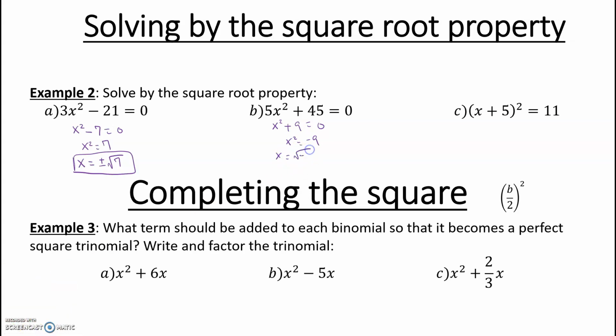The square root of negative 9. Now we don't want to leave that. Oops, sorry, plus or minus. We don't want to leave that, so we have plus or minus. Square root of negative 1 is i. Square root of 9 is 3. So we have positive 3i and negative 3i.